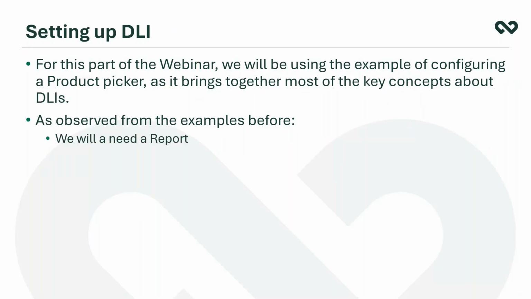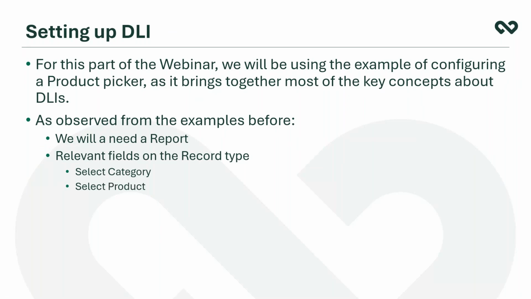As observed from our previous examples, we will need a report to drive that DLI, and relevant fields on the record type, which will be the select category and select product. Really, the select product is the only DLI, but select category is a dynamic pick list.